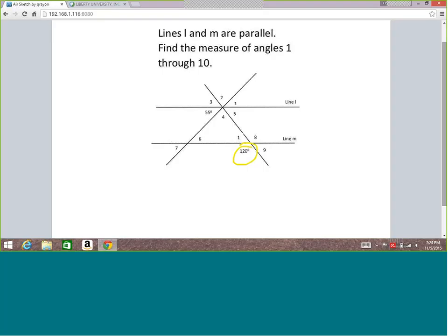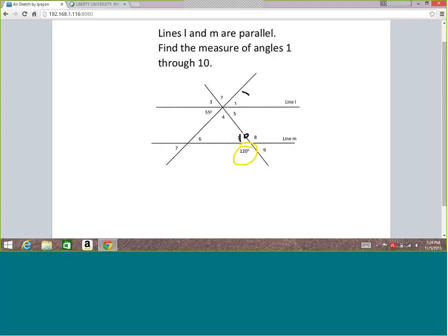That's a good place to start because right away I can find angle 8, which helps me find angle 10, and angle 9. So I'm able to find 3 angles right off the bat just by looking at where I have information.